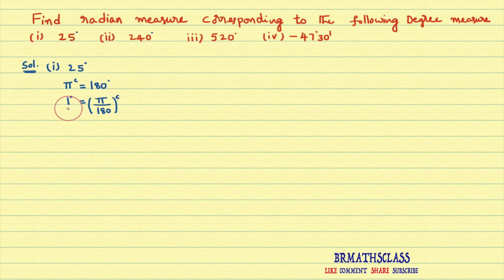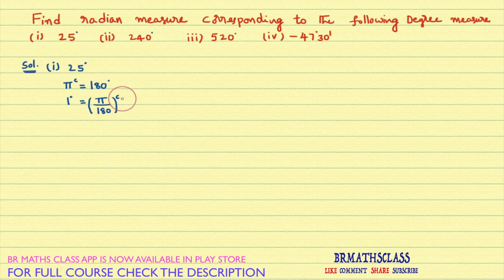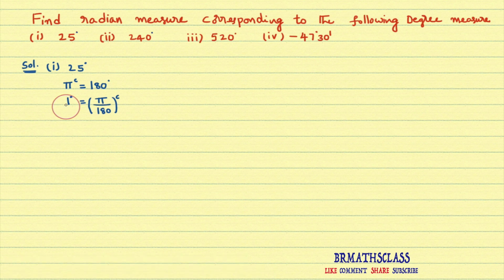I need 25 degrees. Here 1 degree is there. To get 25 degrees, you multiply by 25 on both sides. 25 into 1 degree, that is 25 degrees, equals 25 into pi divided by 180 radians.